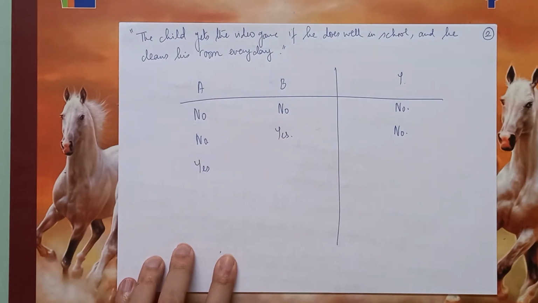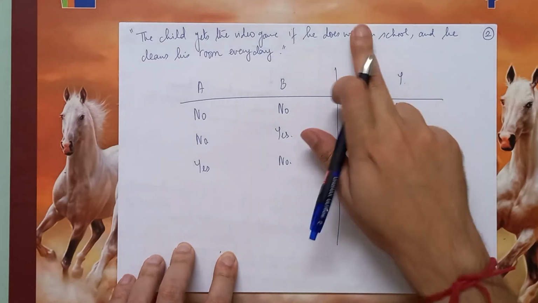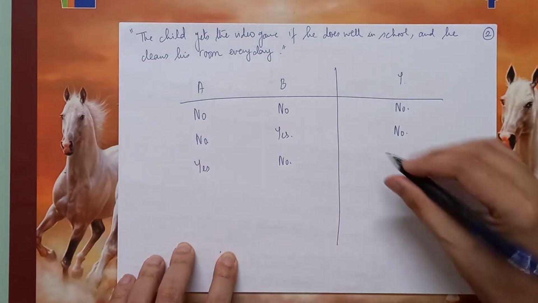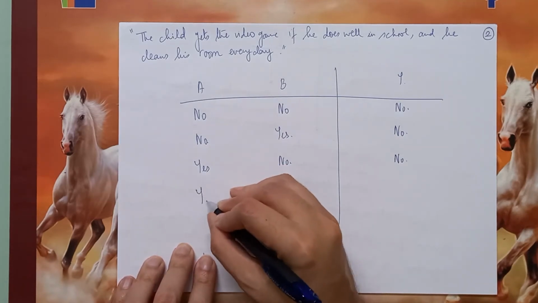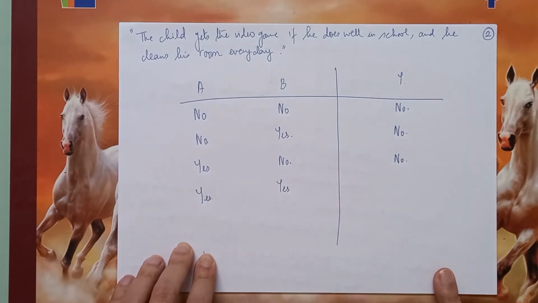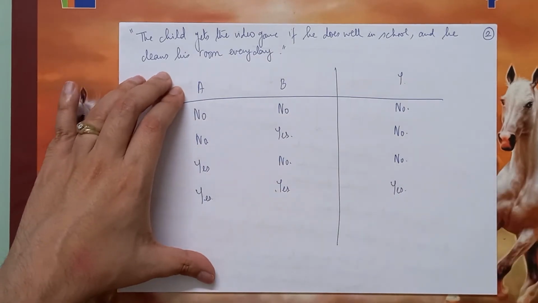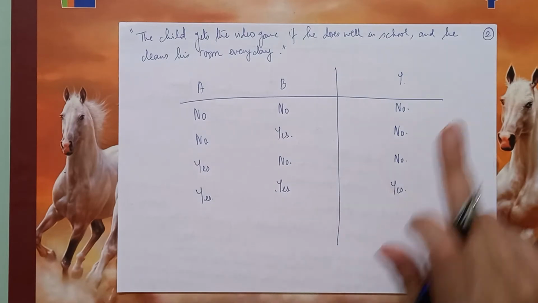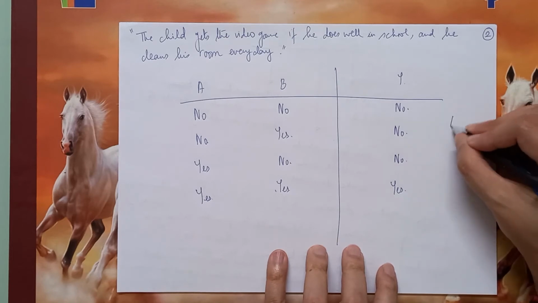Conversely, if the child does well in school, but unfortunately does not clean his room every day, as per the condition, no matter how well he does in school, he will not get what he wants. The only time he will get what he wants is when both conditions are satisfied, and then the outcome will be yes. So now what we are seeing in this kind of logic, both conditions need to be satisfied. So this is called AND logic.